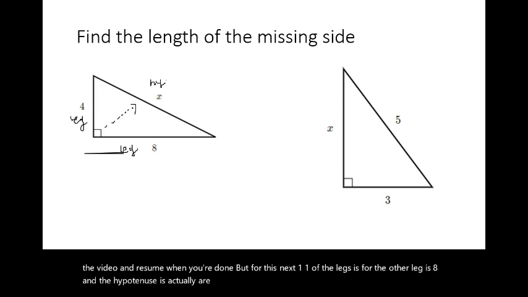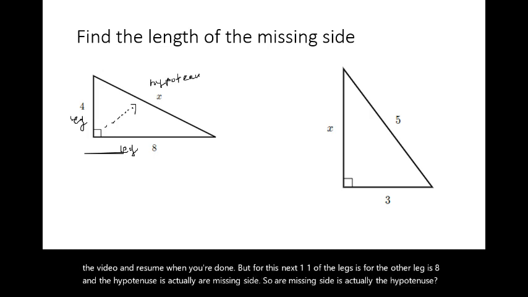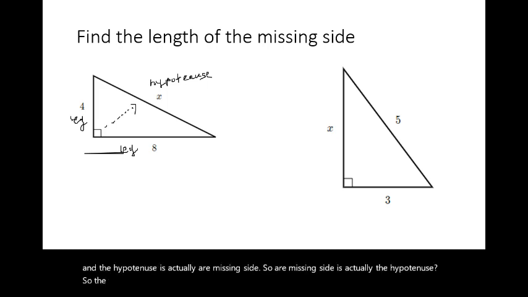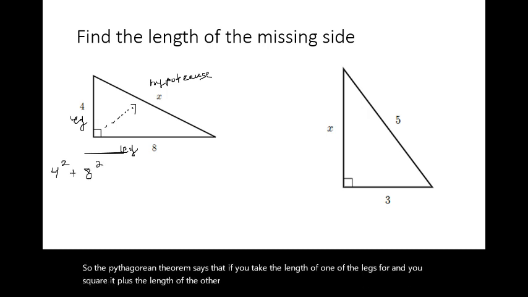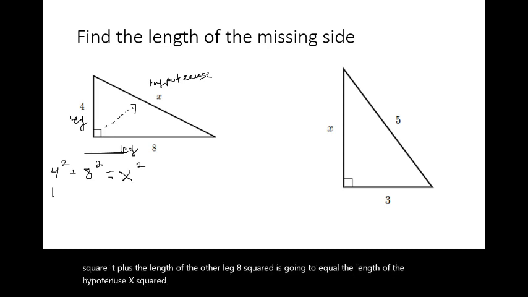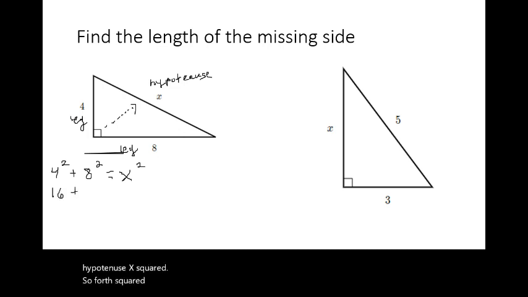So the Pythagorean theorem says that if you take the length of one of the legs, 4, and you square it, plus the length of the other leg, 8 squared, is going to equal the length of the hypotenuse, x squared. So 4 squared is 16, plus 8 squared is 64, equals x squared.